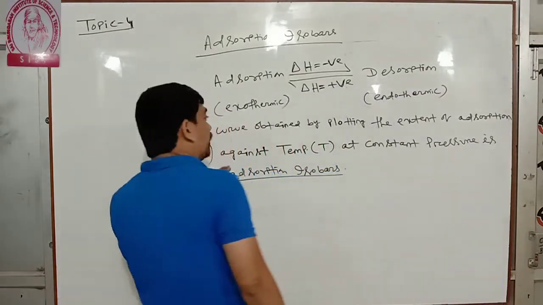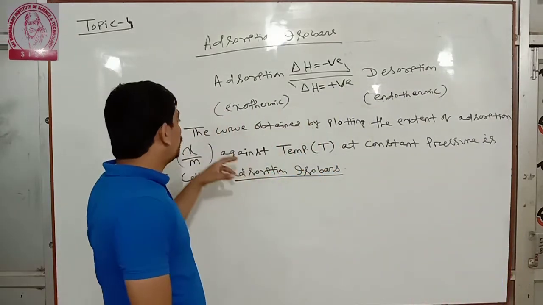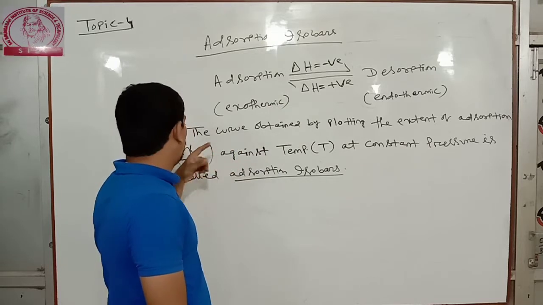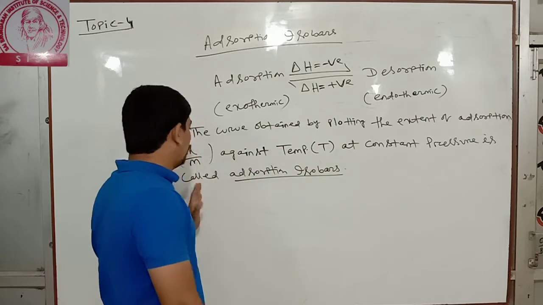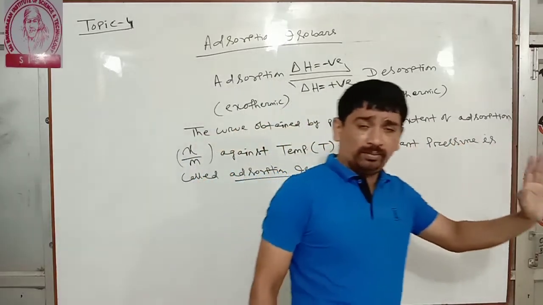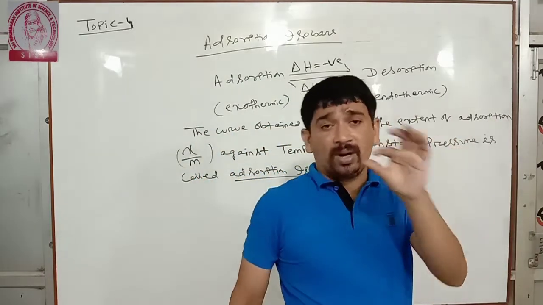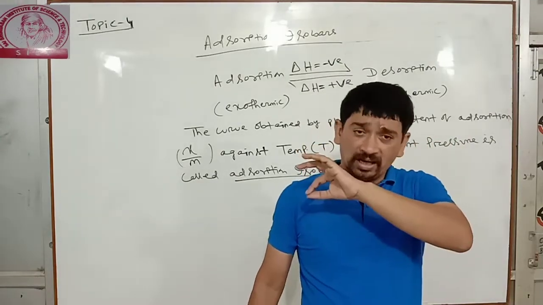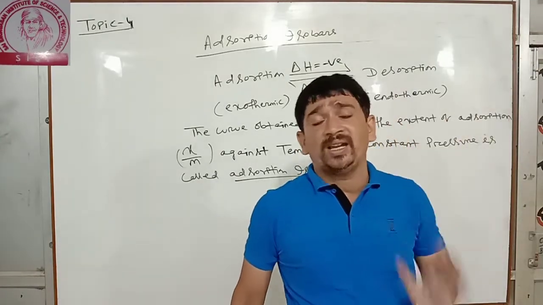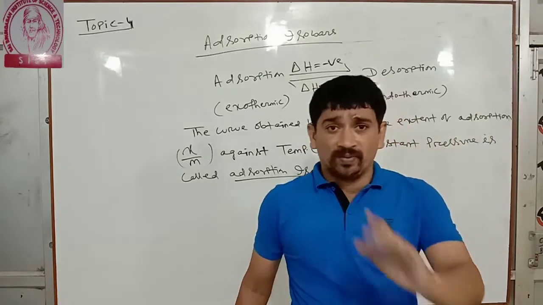It's simple. Very important short question: what is adsorption isobar? The curve obtained by plotting x by m versus T at constant P is called adsorption isobar.